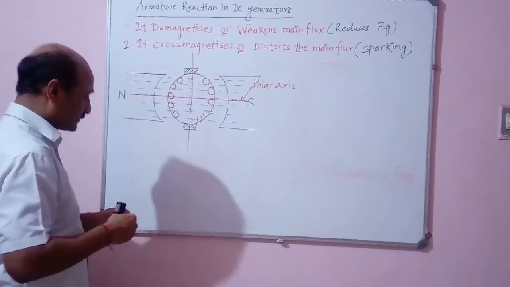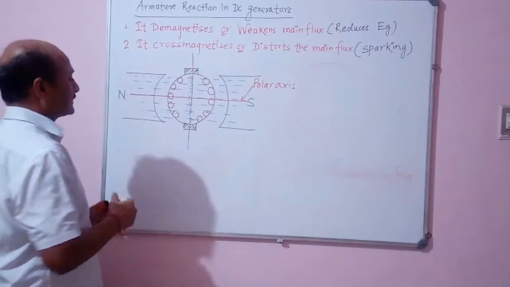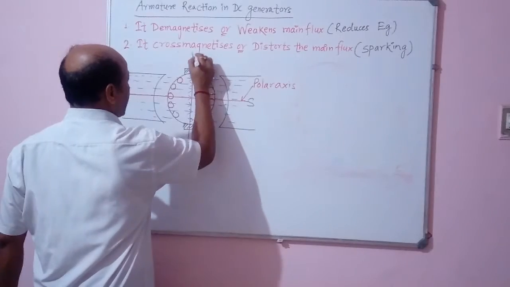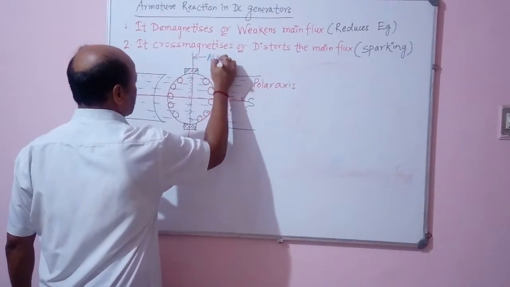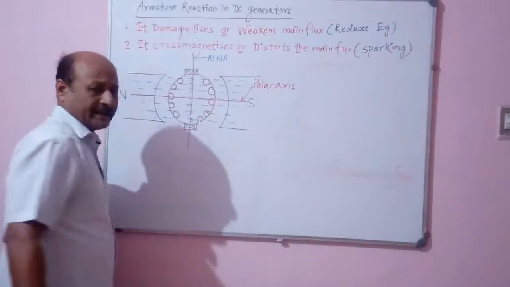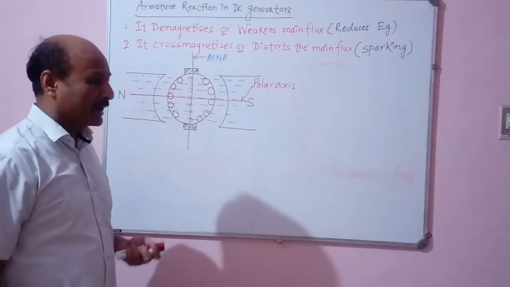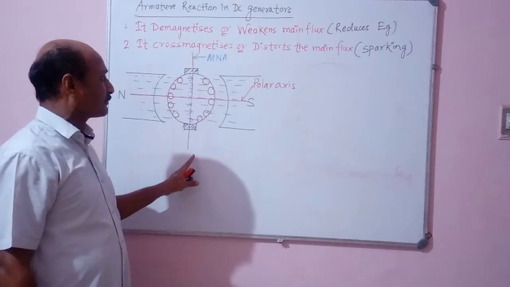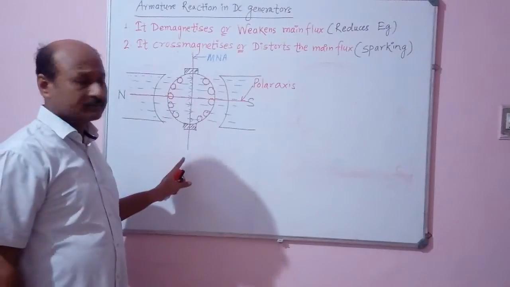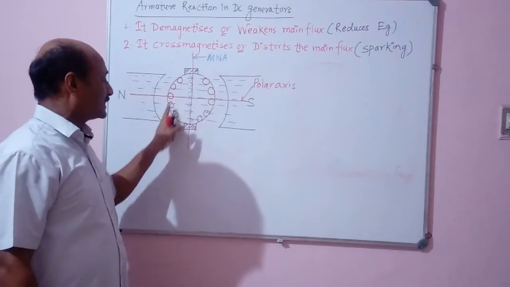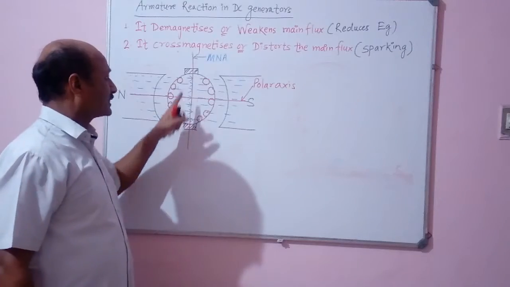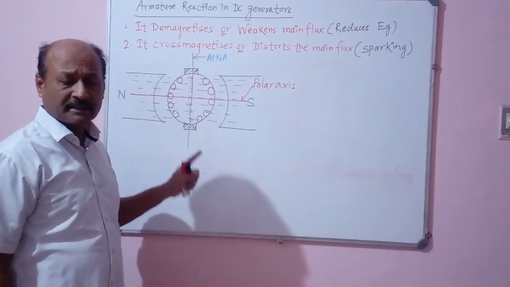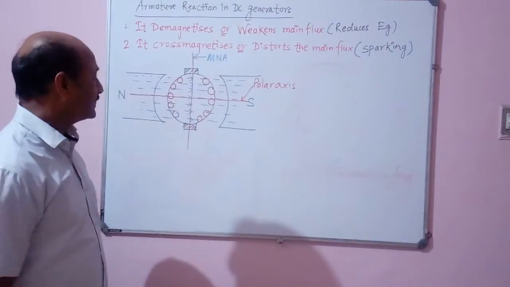Then we have the next axis, that is the MNA axis. What is MNA? That is the magnetic neutral axis. So what is the magnetic neutral axis? The axis on which the armature conductor does not cut the magnetic flux and there is no EMF in the generator.